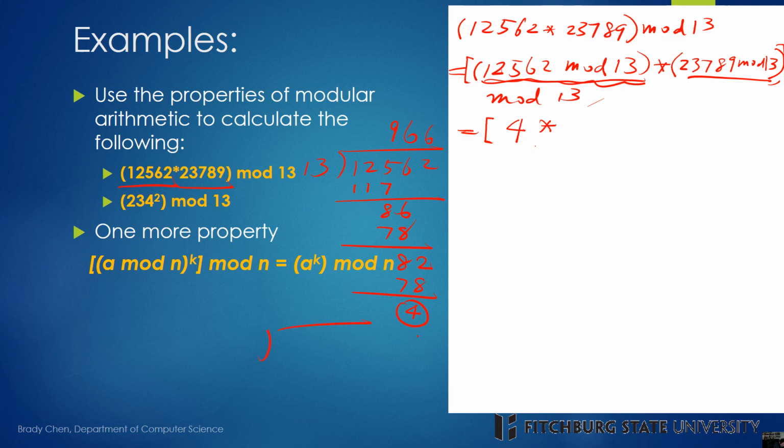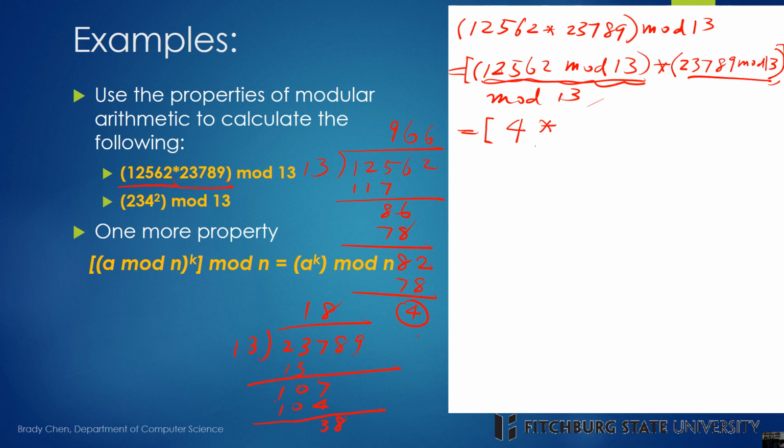Then the second one: we divide 23,789 by 13. We get a 1, 13, then 107. We can put an 8 here, 13 times 8 is 104, and we bring down the 8 to get 38.